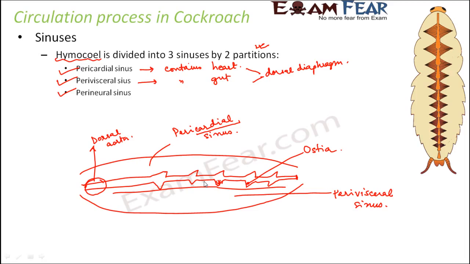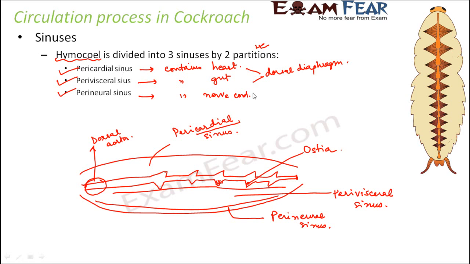The next part of the cavity which contains the digestive tract is the perivisceral sinus. And the bottommost part is known as perineural sinus, which contains the nerve cord.